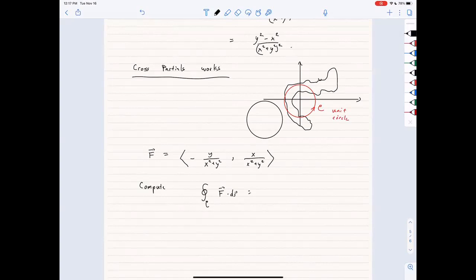Okay. Well, we're on the unit circle, so we can parametrize using cosine and sine.